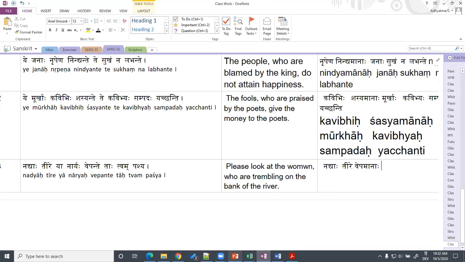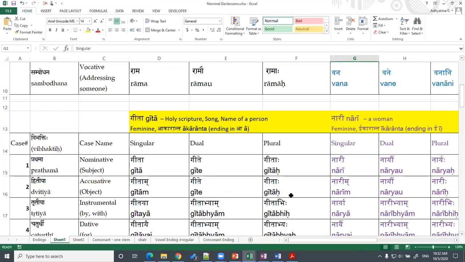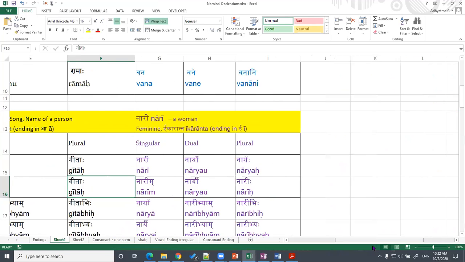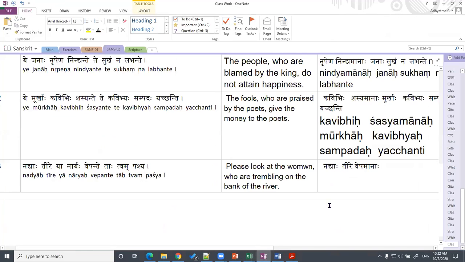If you look at our nominal declension table, Gita, Gitaha, that is the second case plural. Similarly, Nari, Narihi, second case plural. Because here it is the second case plural, we will use vepamanaha narihi. Tvam pashya. So tvam normally comes first. Tvam nadyaha tire vepamanaha nari pashya.